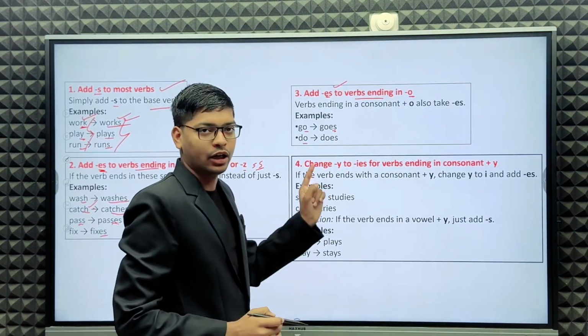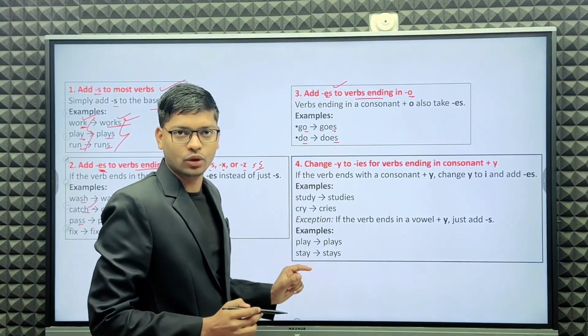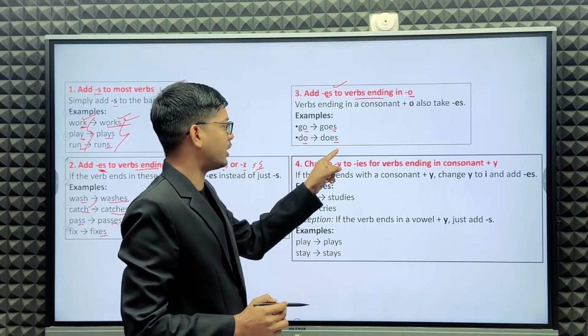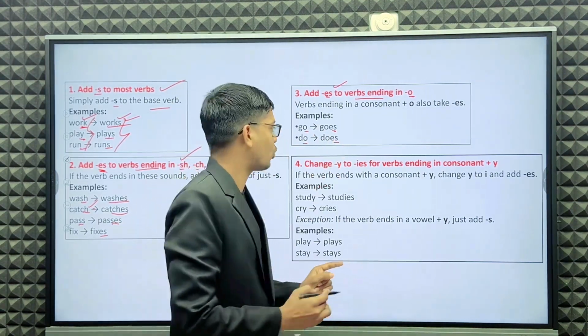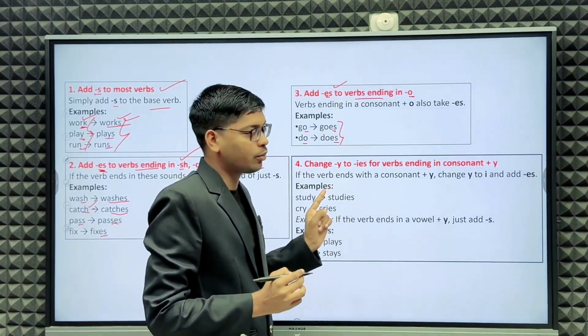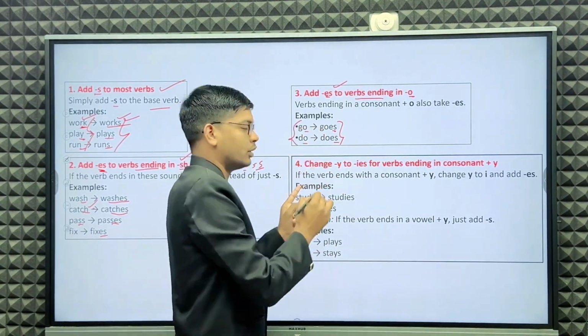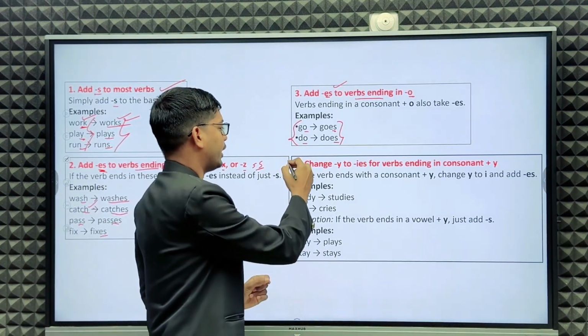Do ends in o, so we need to add es to the end of the verb. So do makes does, and go makes goes. Goes and does are the singular forms, and go and do are the base forms.